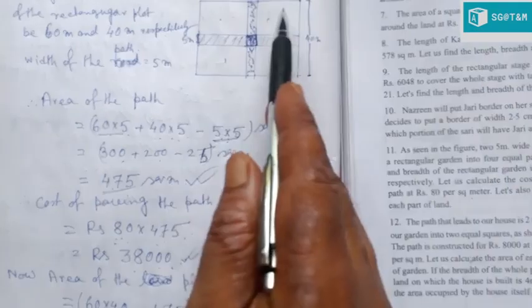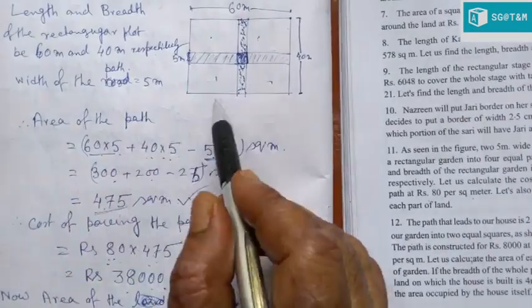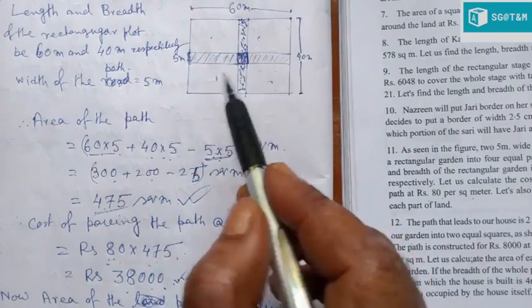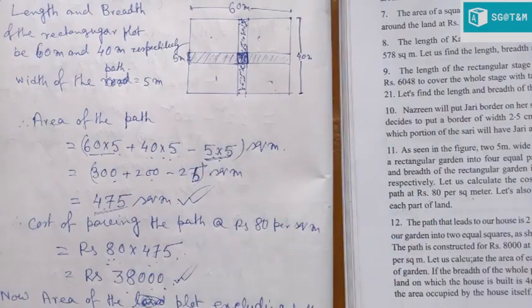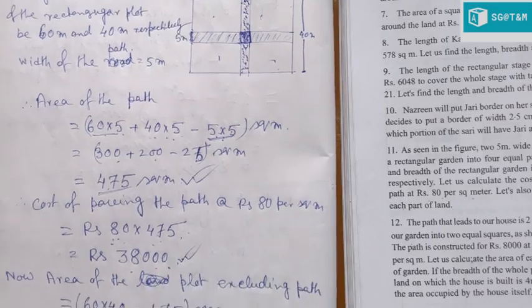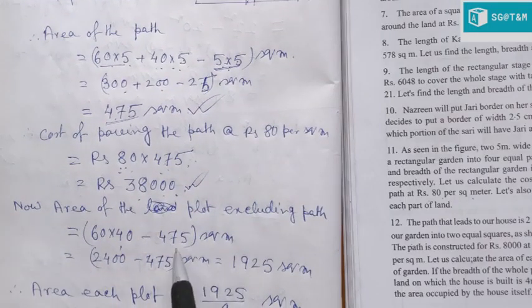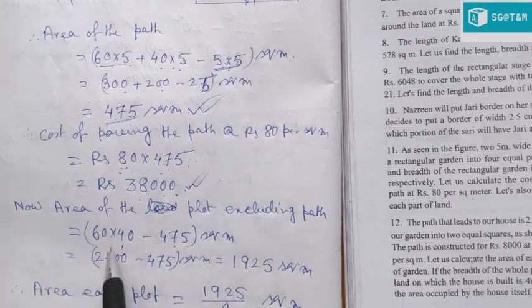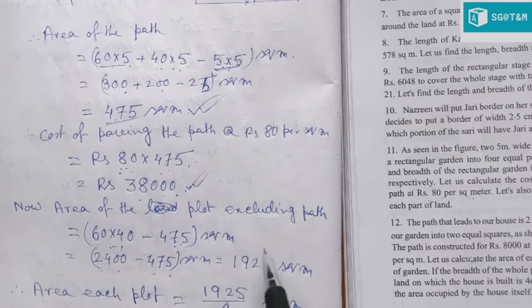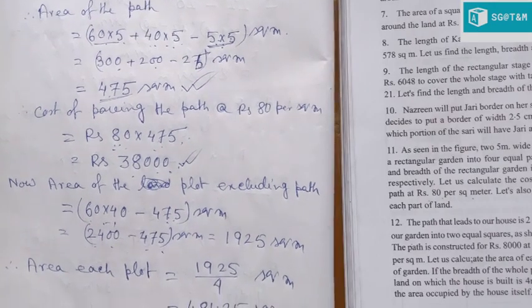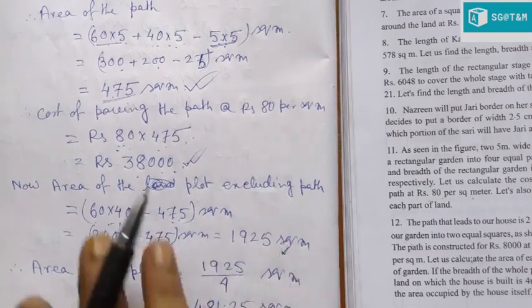Since the garden is a rectangle, the total area is 60 into 40 square meter, minus the area of the path, 475 square meter. If we subtract, 40 into 60 is 2400, minus 475, that is 1925 square meter. So this is the area of the 4 plots.